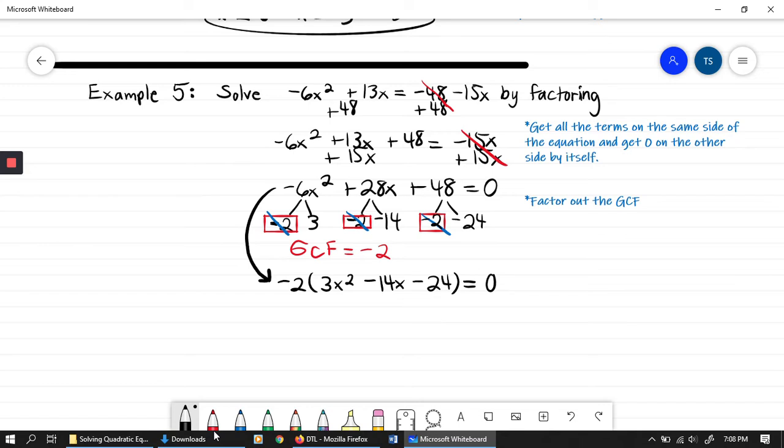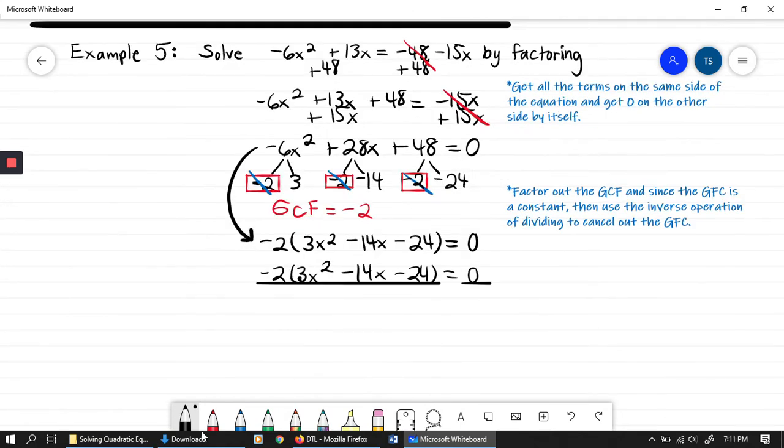So we factored out that GCF. Notice that our GCF is a constant, which means it's written without a variable. Since it is just a number without a variable, we're going to divide by that GCF and get that GCF to cancel out.